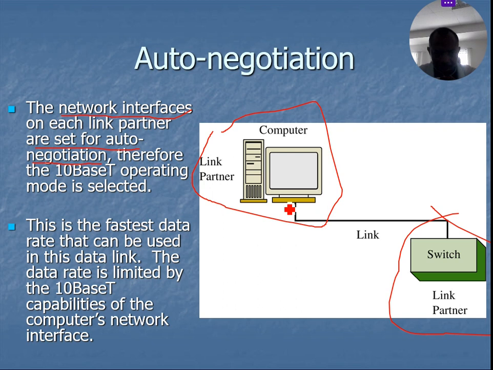Therefore, the 10BASE-T operating mode is selected. Why do we select the 10BASE-T operating mode?